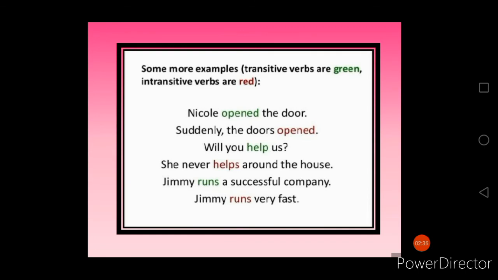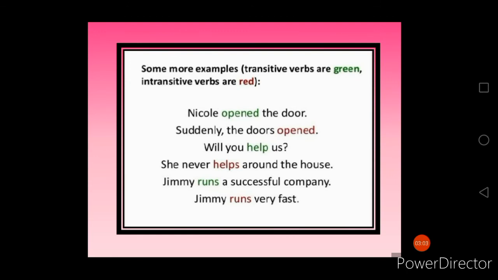Yes, it is an adverb or adjunct because it answers the question how Jimmy runs. So after the verb, if there is no object and an adverb or adjunct is present, that is considered an intransitive verb, right, students? So here runs is an intransitive verb.